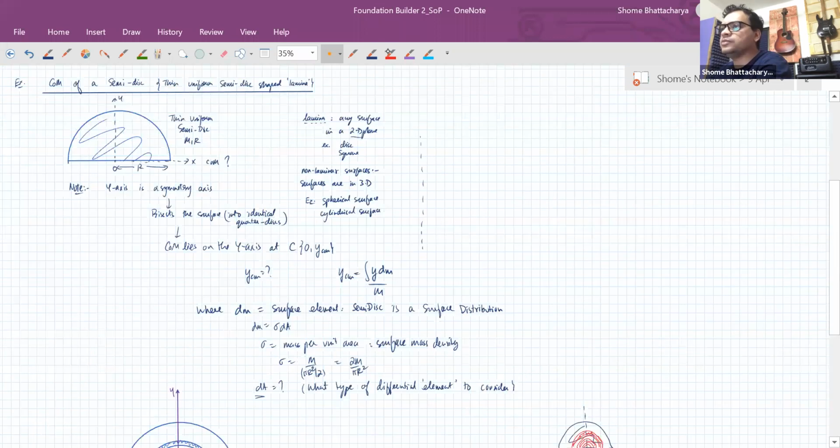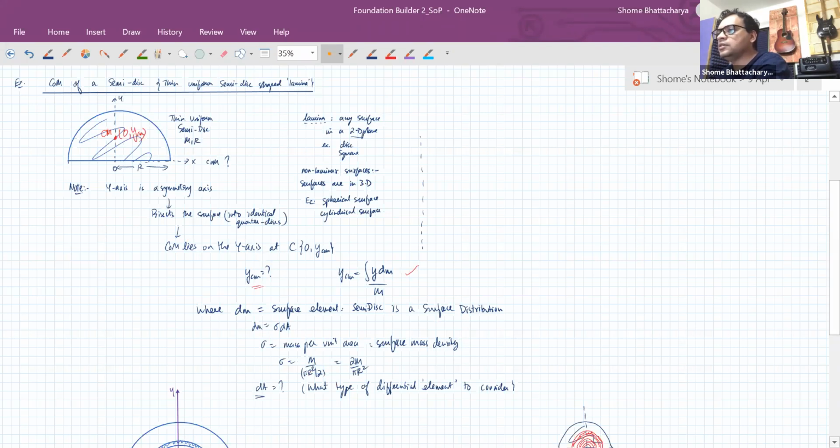So we know the center of mass of the whole thing is lying somewhere over here, at some coordinate 0, ycm. Now our job is to find the position of the center of mass. For that we have to use this formula, and in this formula we have to replace dm with a surface element sigma dA. Sigma is easy because it's a uniform distribution of mass, so it's total mass by total area. But what we should take as dA? That is the next question.